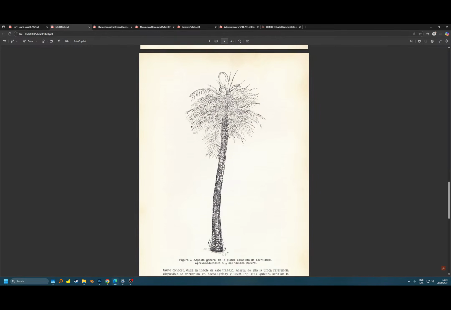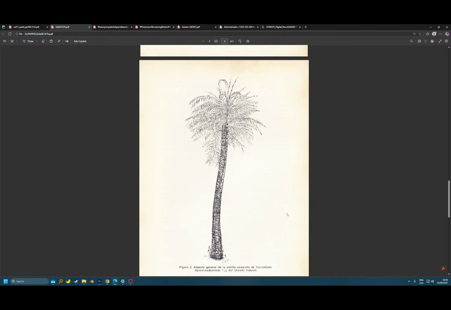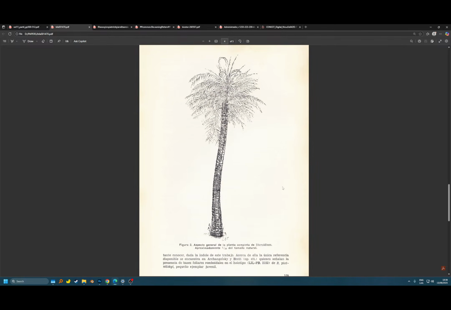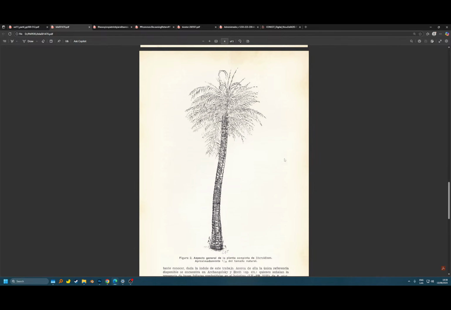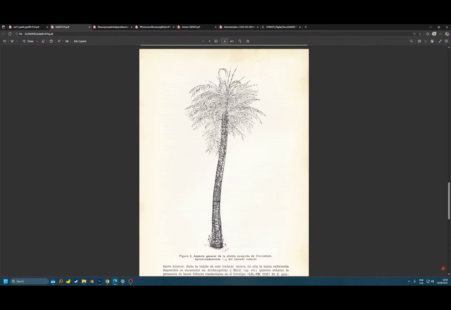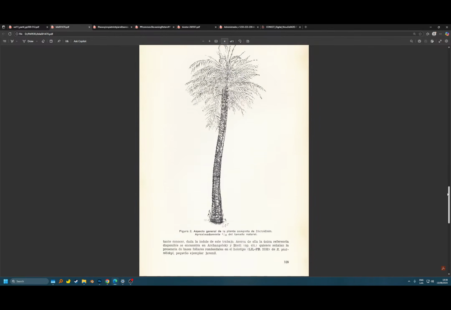Well, why did the workers here do this kind of depiction? I'm going to explain the reasoning, because even if I think it's wrong, I don't think it's fair to say, oh, okay, no, this is totally wrong. This makes sense with the information given at the time.